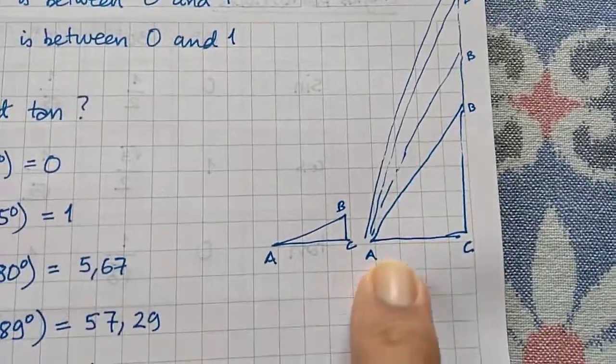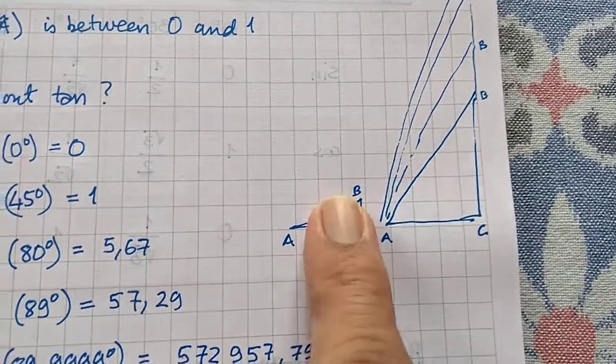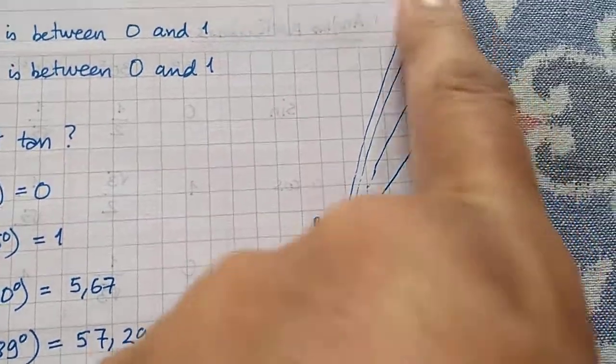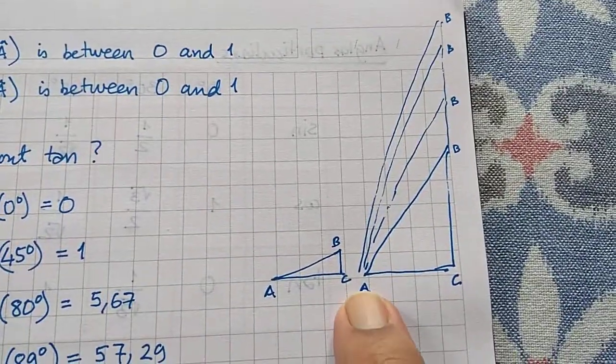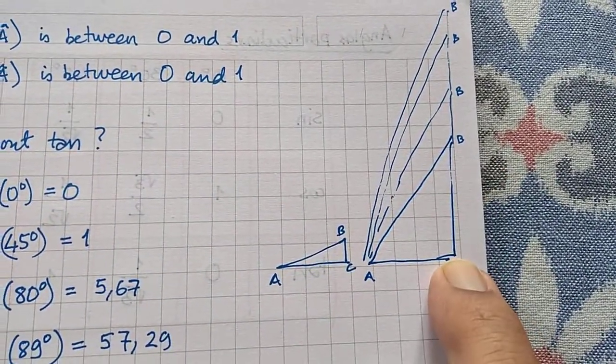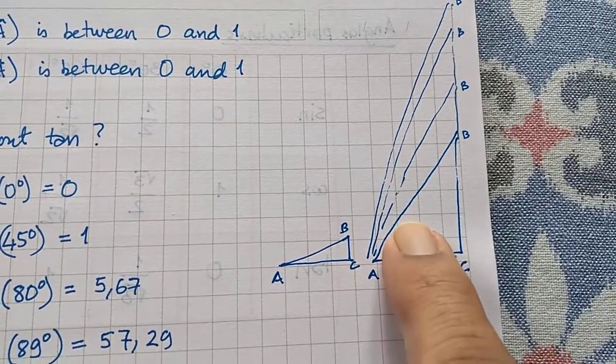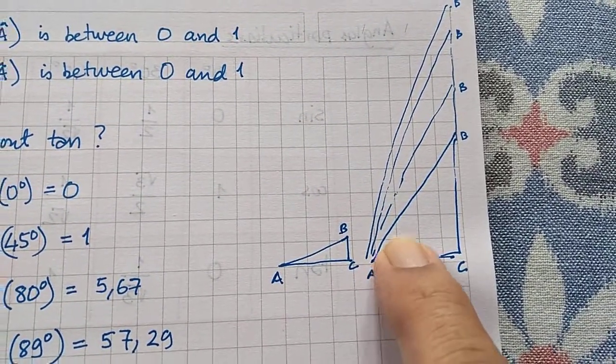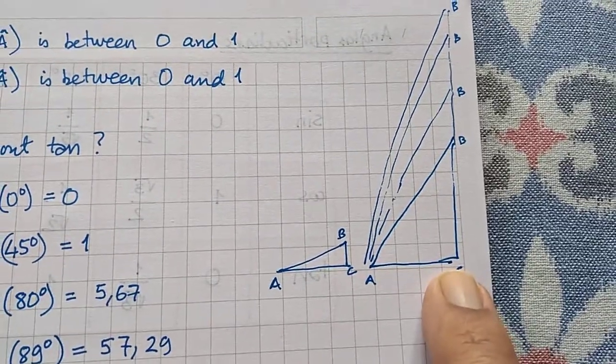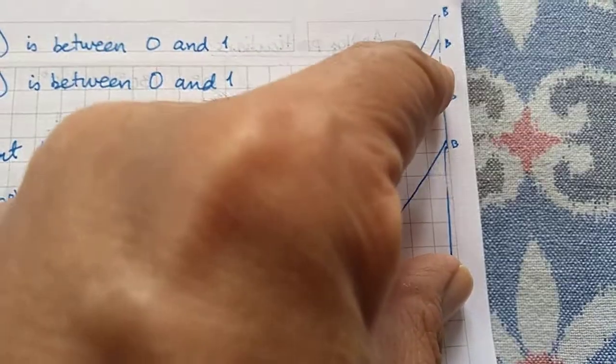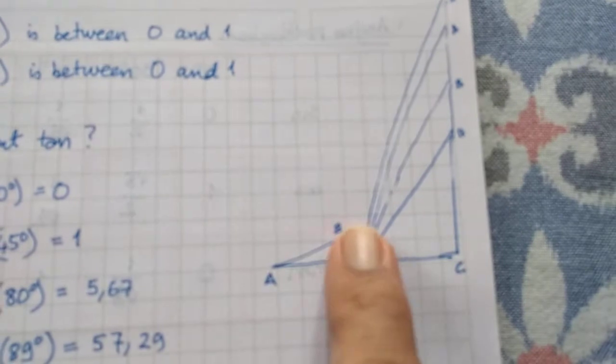So what about tan? So let's take a triangle here. Don't look at the little triangle, look at this bigger figure. So I have right triangle ABC, and I keep on increasing the angle A. So AC remains the same, BC keeps on increasing as I increase this angle.